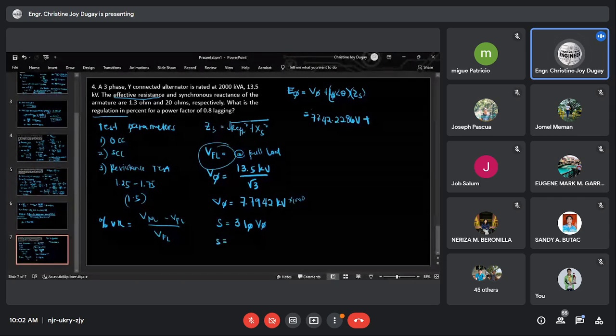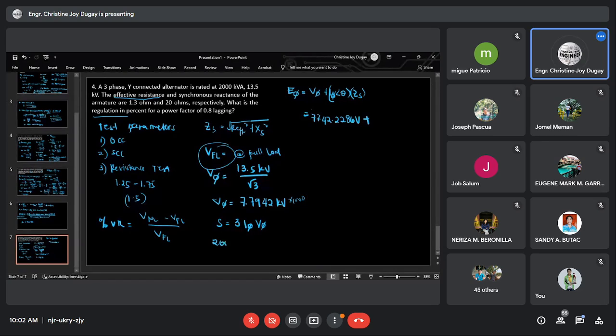So S po natin is 2,000 kVA, times 3. I phase po natin is unknown, no? Yan yung hinahanap. And V phase po natin is, ayan, 13.5 over square root of 3 or 7.7942 kV. So what is the value of I phase po natin?